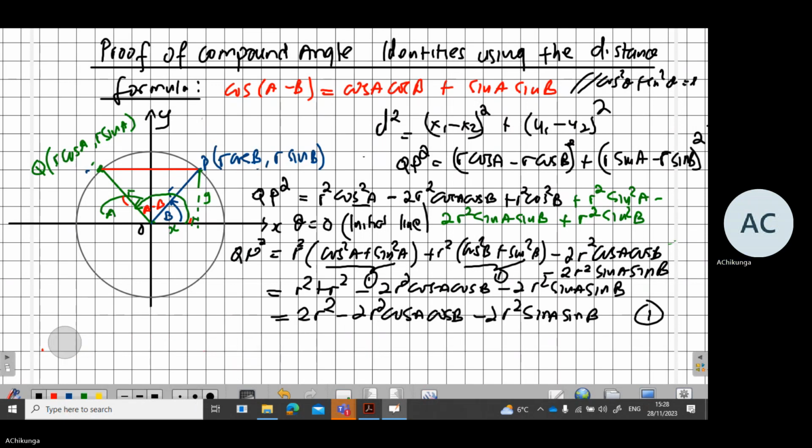So the same distance, I'm going to write the same distance again using the cosine formula. Many of you know it as the cosine rule. The cosine rule actually is the scalar product that says A dot B is equal to the modulus of A times the modulus of B cos theta.